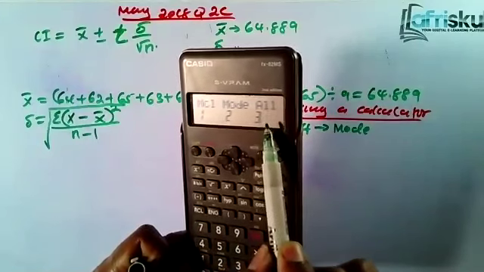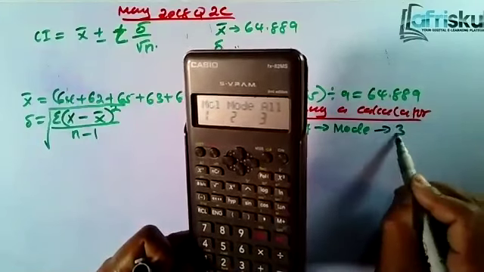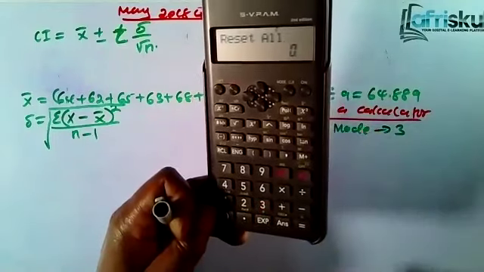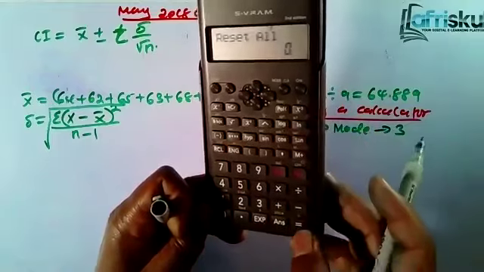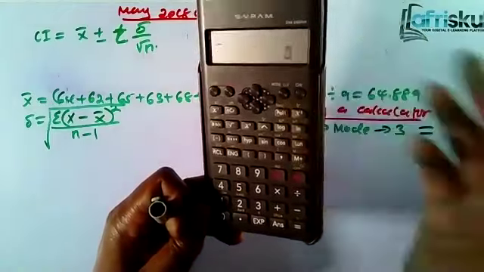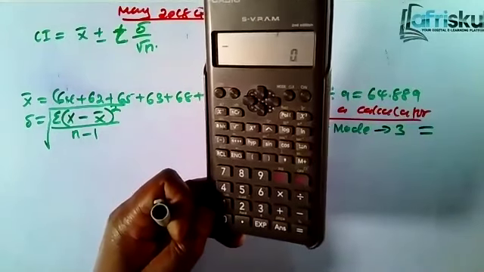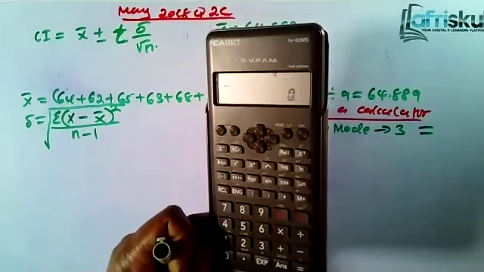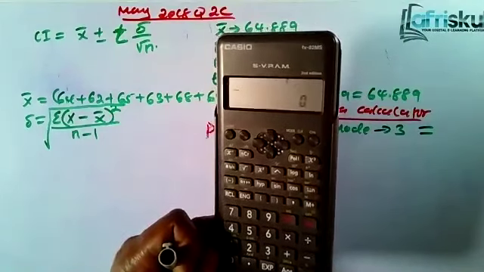So you press all, number 3. Then it asks reset all, you just press equals. Then you can press on. Your calculator is already cleared. Cleared means up here it has written only D. So that's the first step.